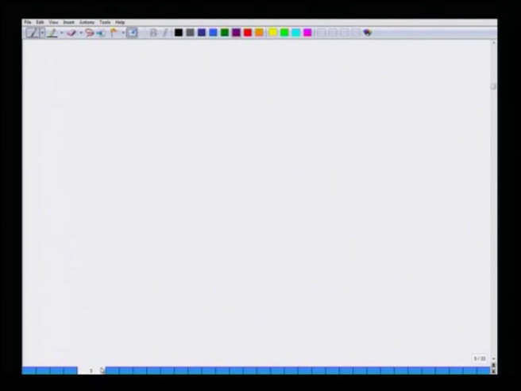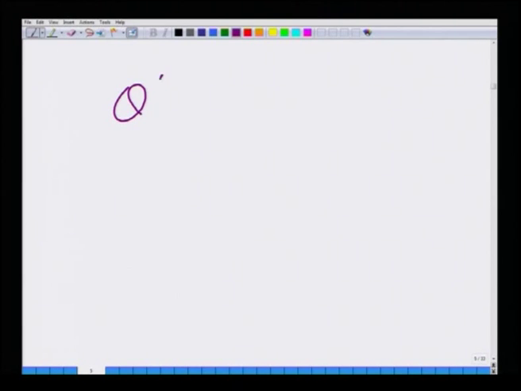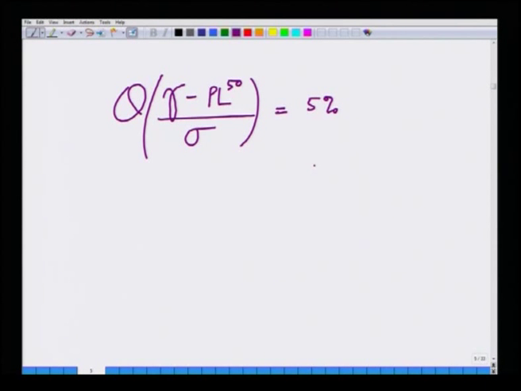Hence, from what we have derived in our earlier discussion, this probability that the path loss is greater than gamma is nothing but Q function of gamma minus the 50th percentile path loss divided by sigma, equals 5%, that is, greater than the threshold only 5% of the time, which is essentially 0.05.